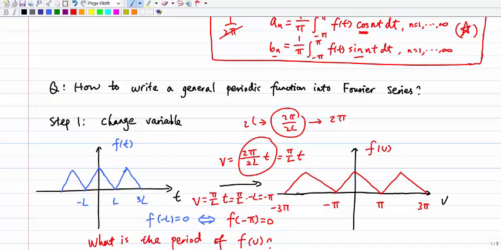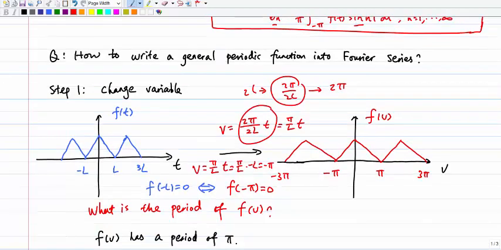The period becomes 2 pi. For example, for the previous periodic function, at negative L and positive L, its value is 0.